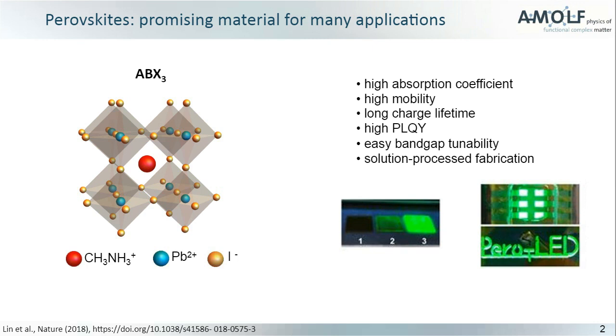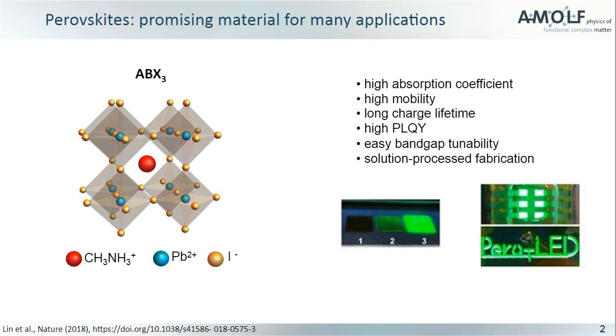The reason why these perovskites are such promising materials for many applications, not only PV, but also LEDs, photodetectors, and so on, is that they show very peculiar and interesting properties. For example, high absorption coefficient and high mobility, but also long charge lifetime. These are properties that are very desirable for solar cell applications, but on the other hand, they also show high PLQY, which is very interesting for making LEDs, and a very easy band gap tunability.